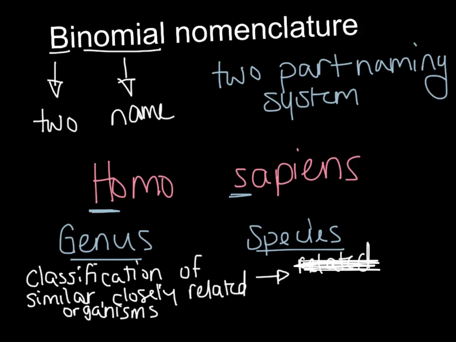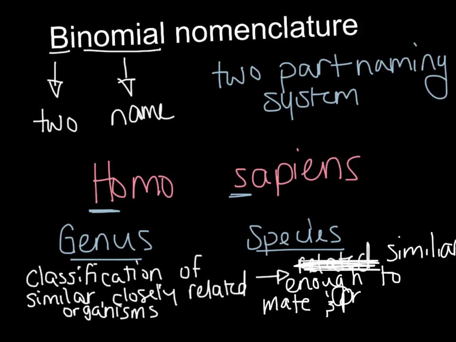We're going to use the words similar enough to mate and produce offspring. I'm running out of room, but you also need to add that not only are they similar enough to mate and produce offspring, but their offspring can produce offspring, as in their offspring are still fertile or able to have a quote-unquote baby.